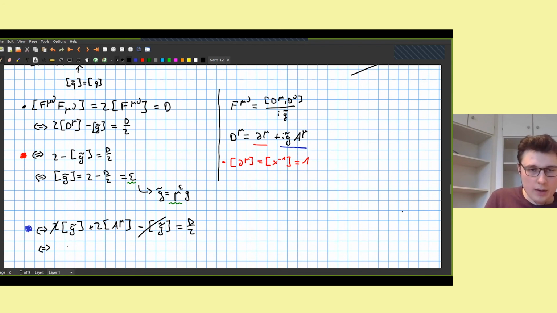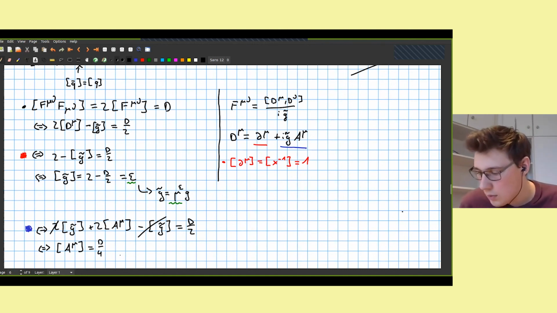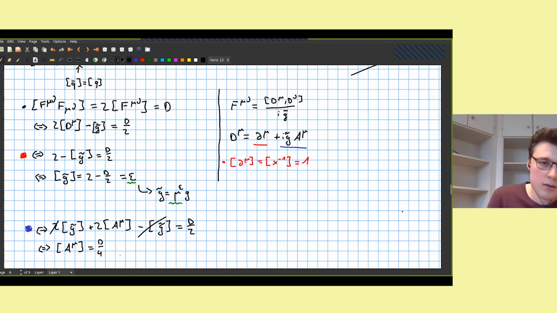And this means that the mass dimension of A mu is equal to D over 4. Now, let's see what I've done wrong. Should be correct. Yes, should be correct.